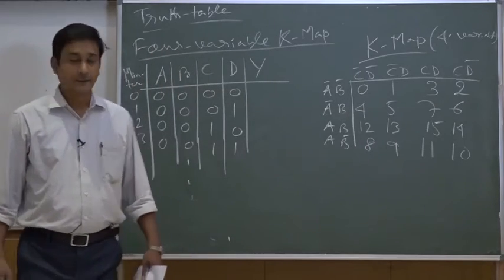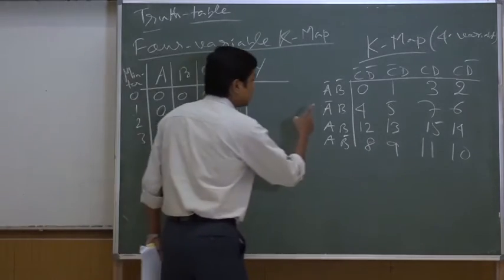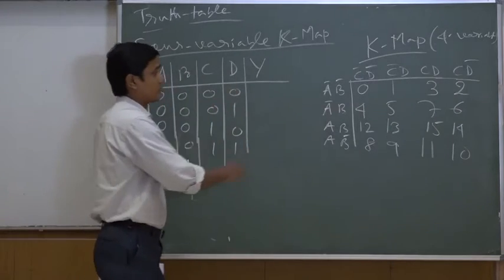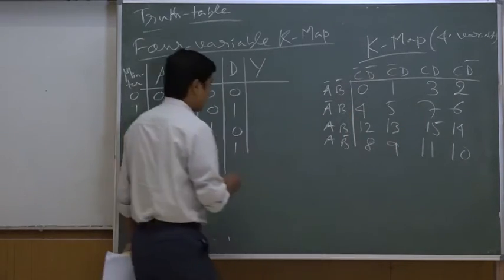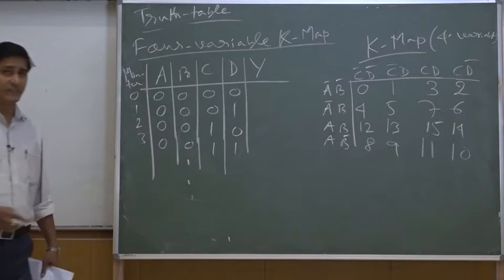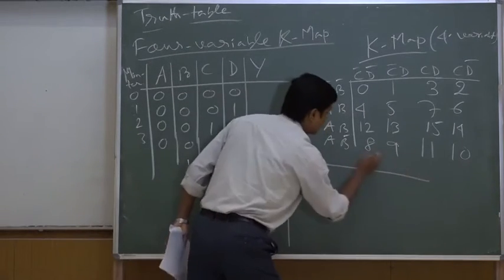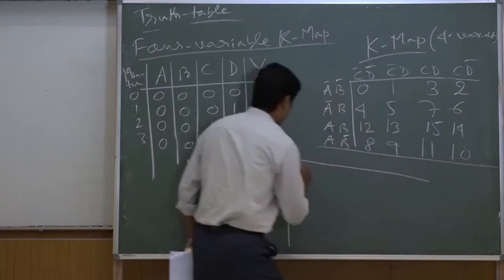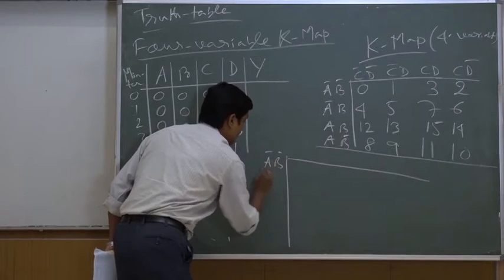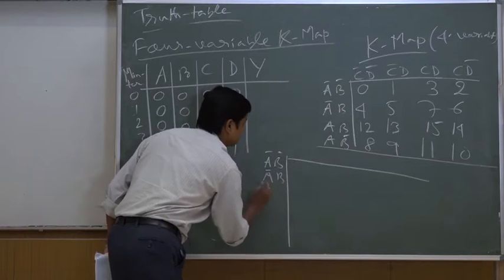Now, say in this Karnaugh map, one Karnaugh map is given to you with the logic output which is desired there in this fashion.